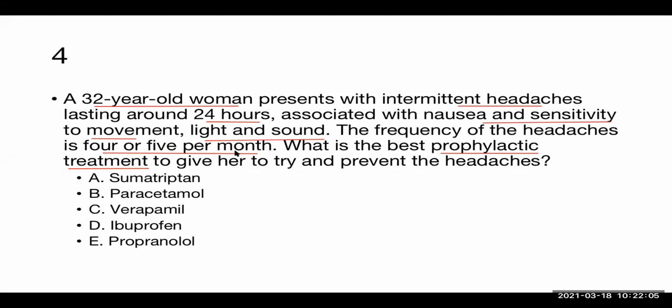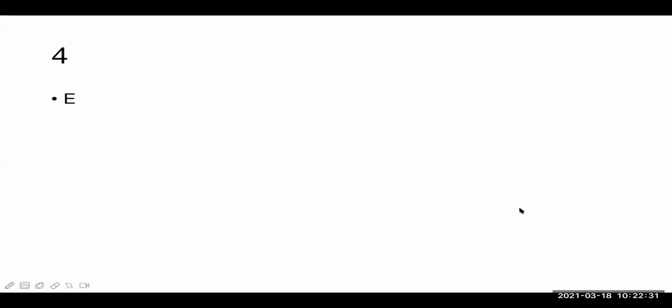So for the treatment of acute episode, we can give sumatriptan, paracetamol, and ibuprofen. Verapamil is not used usually in the treatment of migraine. Only one option, propranolol, is used for the prophylactic treatment here. Okay, so the answer is E.